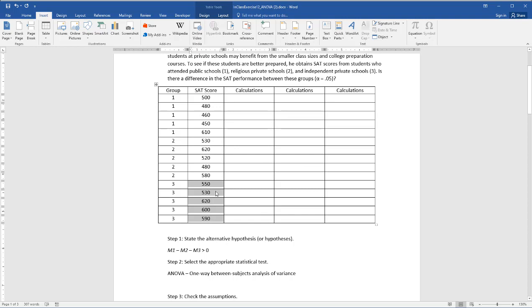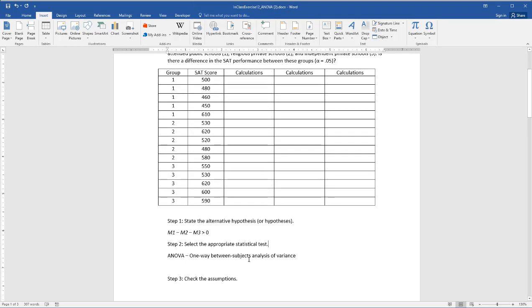The new part is also that the variance for group 1 compared to group 2 should be relatively equal. Group 2 to 3 should be relatively equal, and group 1 to 3 should be relatively equal. So the variances across these three groups should be relatively equal, and that's known as homogeneity of variance or equality of variance.